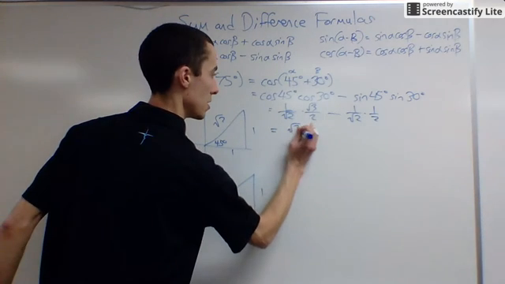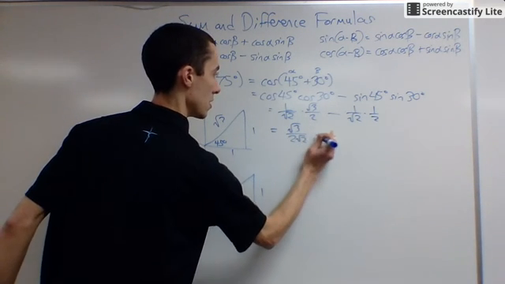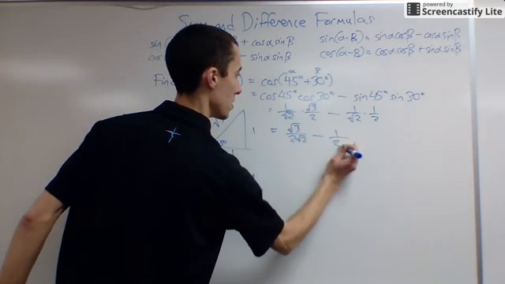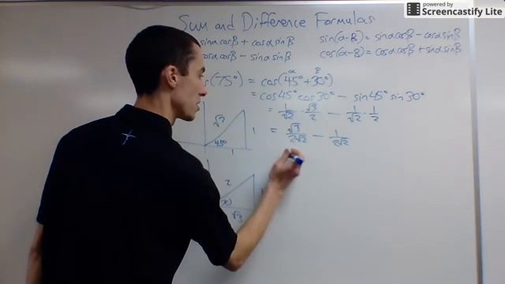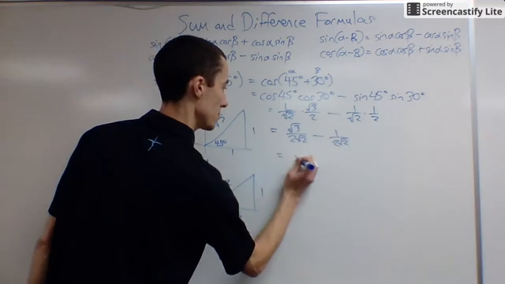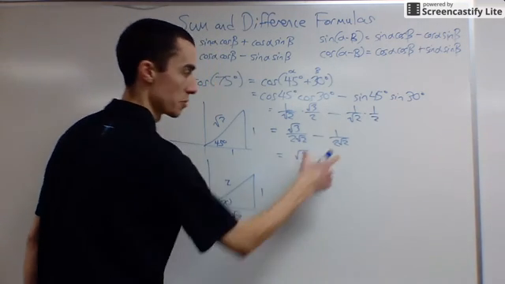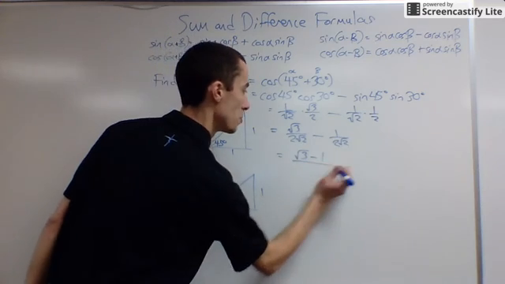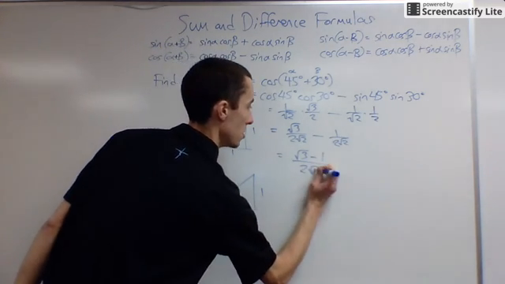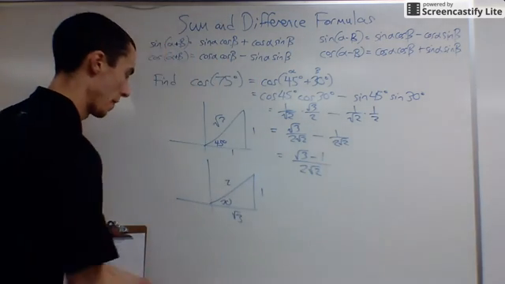Multiply. Since we've got common denominators, we can combine like terms. We can subtract the two fractions. Subtract the numerators, use the denominator.